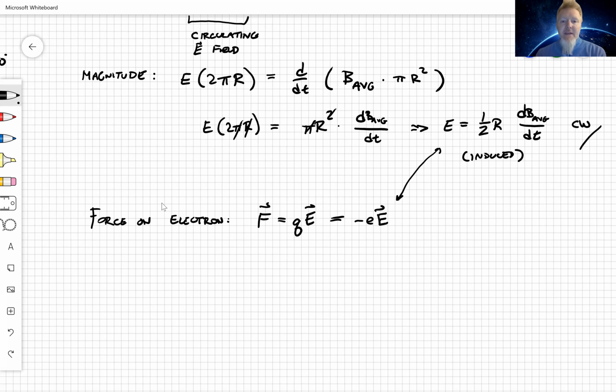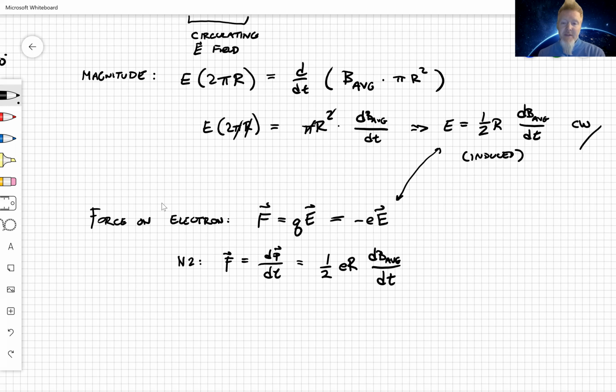But what is the force? Well, Newton's second law tells us that the effect of the force is to time rate change the momentum of the thing. So if we do this, now this is equal to 1/2 eR dB average/dt.